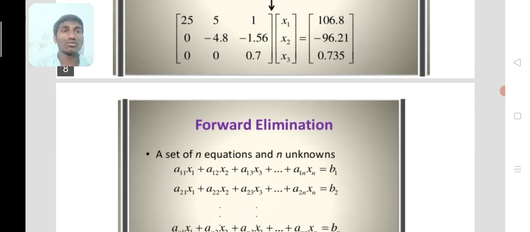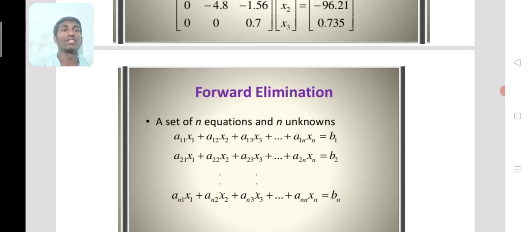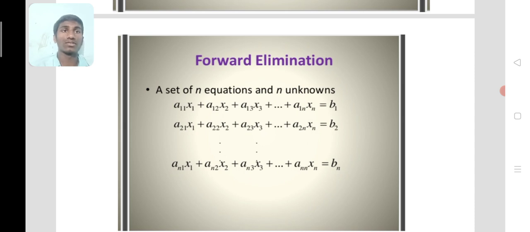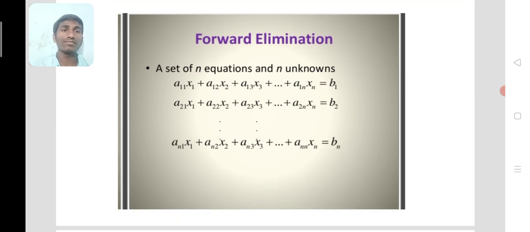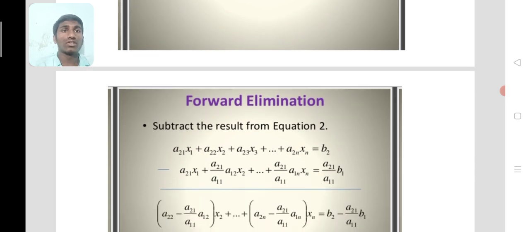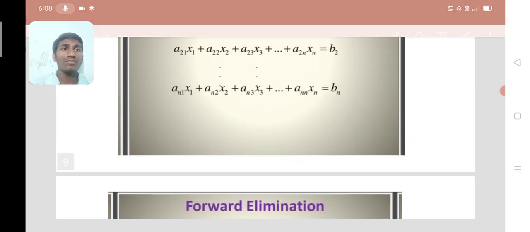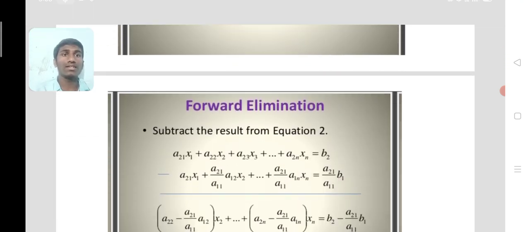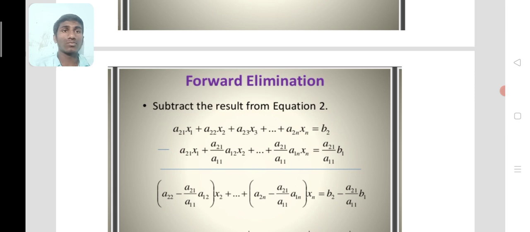Let us know the steps involved in the forward elimination method. Take a set of n equations and n unknowns as a11 x1 plus a12 x2 and so on. In step 2, subtract the result from equation 2, that is, from the second row.